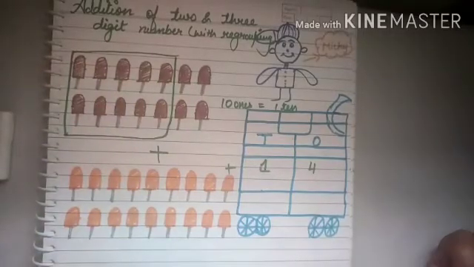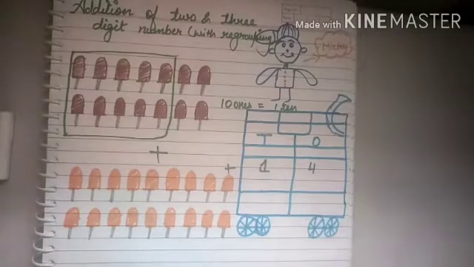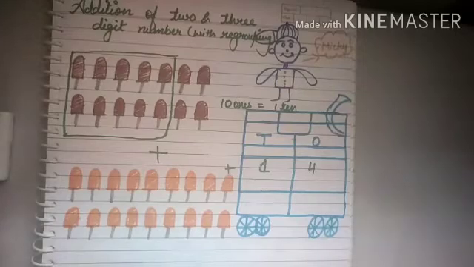So they are also more than 10, right? But these are less than 20. So we can't make two groups of 10s, right? We can only make a group of 1 ten because they are more than 10 but less than 20.